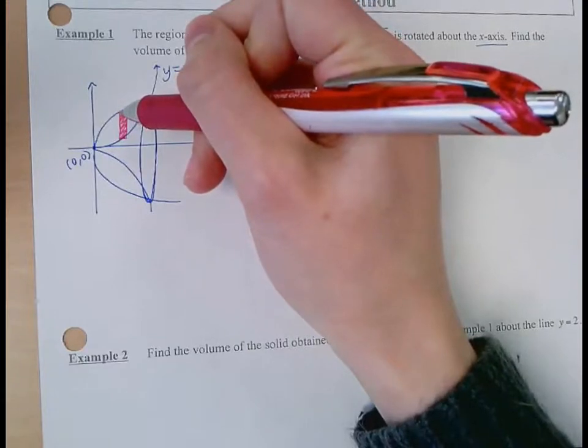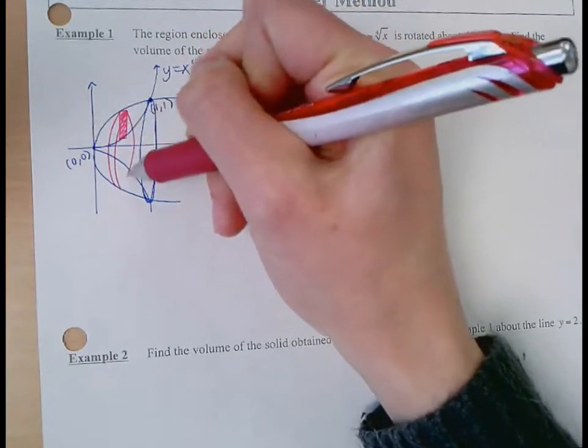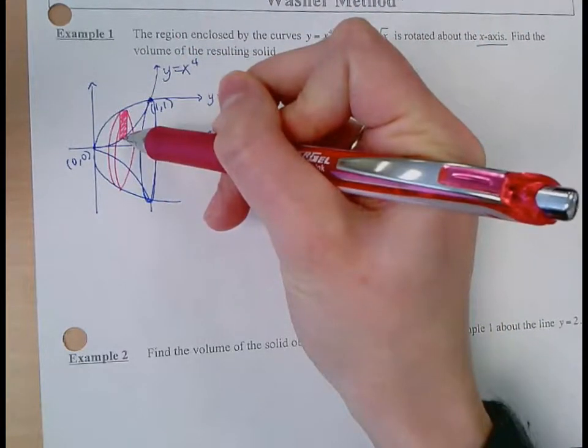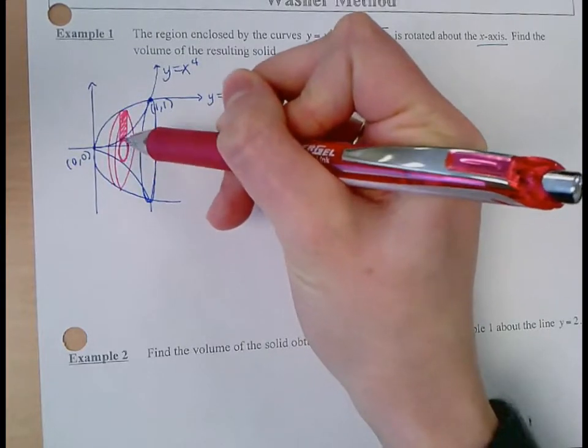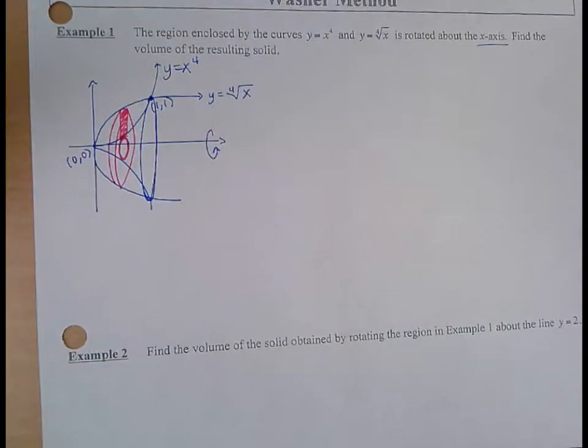I'll draw it like I did yesterday so you see that disc shape, but you're also going to get another circle on the inside, because the bottom of that rectangle is also rotating around. So you're getting that washer. It's the larger circle, but it's hollowed out in that center.